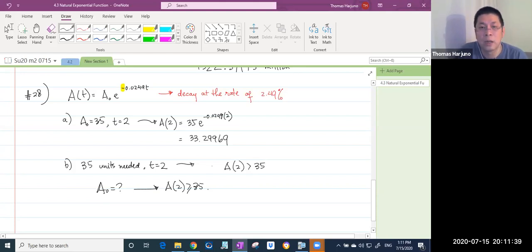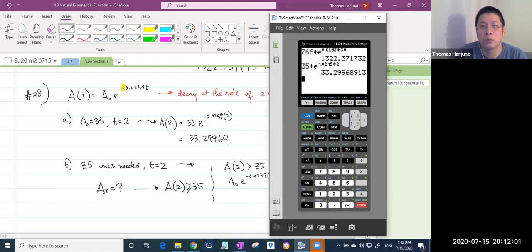Okay, but A of 2 is A sub 0 e to the negative 0.0249 times 2. So if I use a calculator for that, e to the negative 0.0249 times 2, what's that?